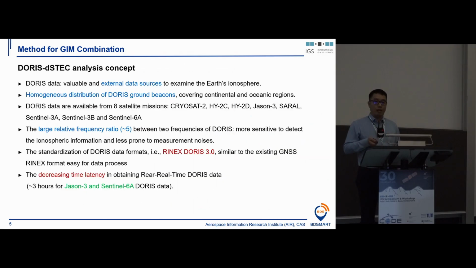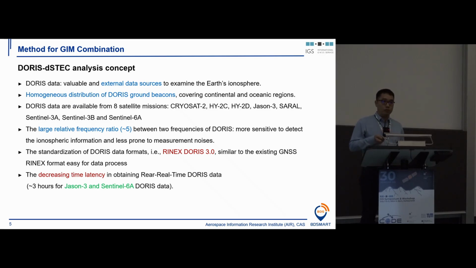At first, I would like to introduce the DORIS-dSTEC analysis. Compared to the GNSS observations from IGS stations, the distribution of the DORIS stations is quite good, because they cover both oceanic and continental regions.